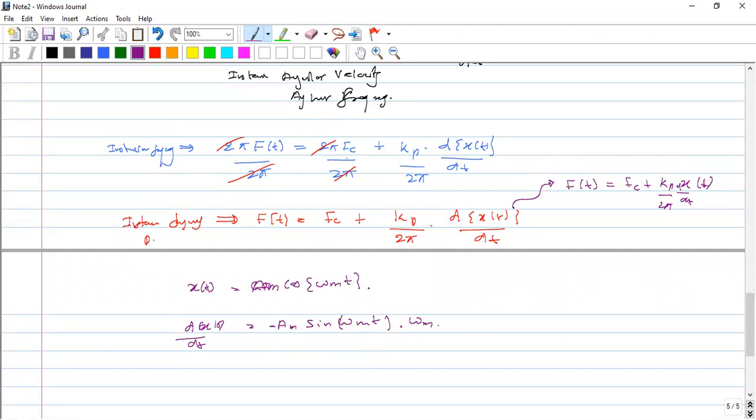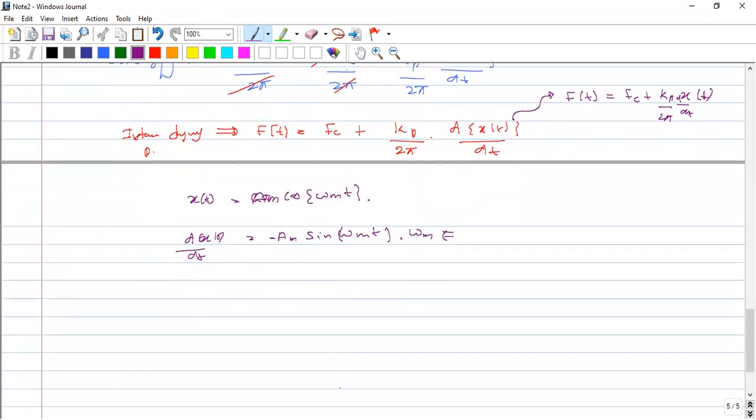So this is the derivative. Then when you are finding the instantaneous frequency, you have to use this derivative, so you can write any instantaneous frequency at t1 or something using fc plus kp by 2π.